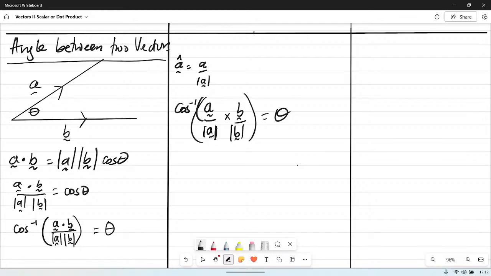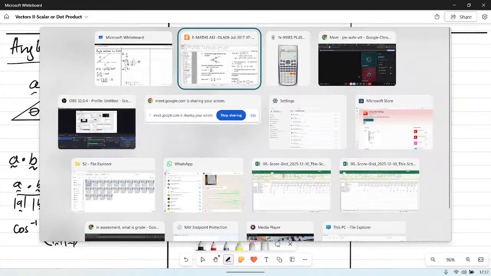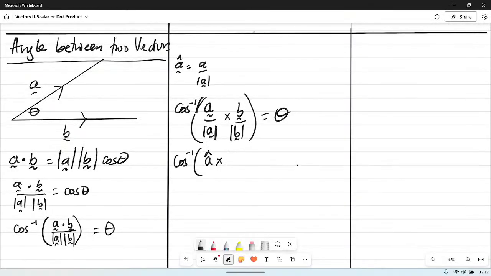It's just another way of writing it. And this becomes cos inverse of A hat, unit vector A, dot unit vector B. It's dot, rather. Dot product. Cross product is different from dot product. We have cross product and we have dot product. I hope you're okay. Very good. Let's start the examples and deal with them.